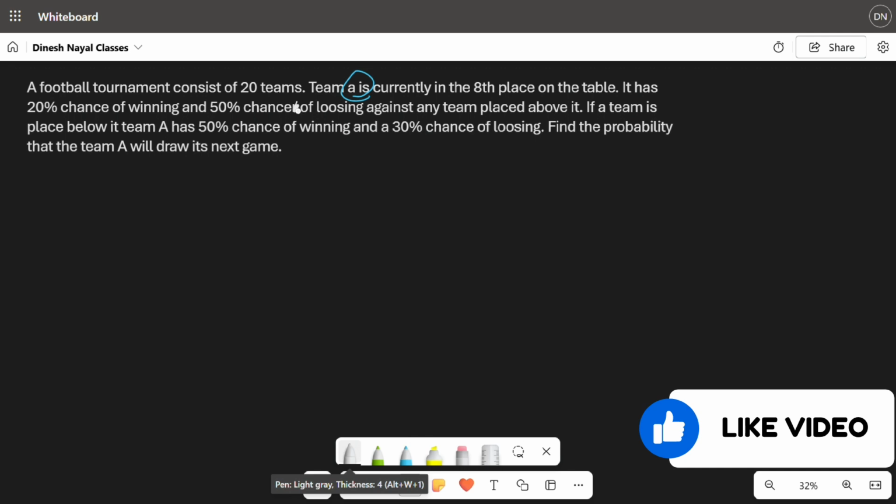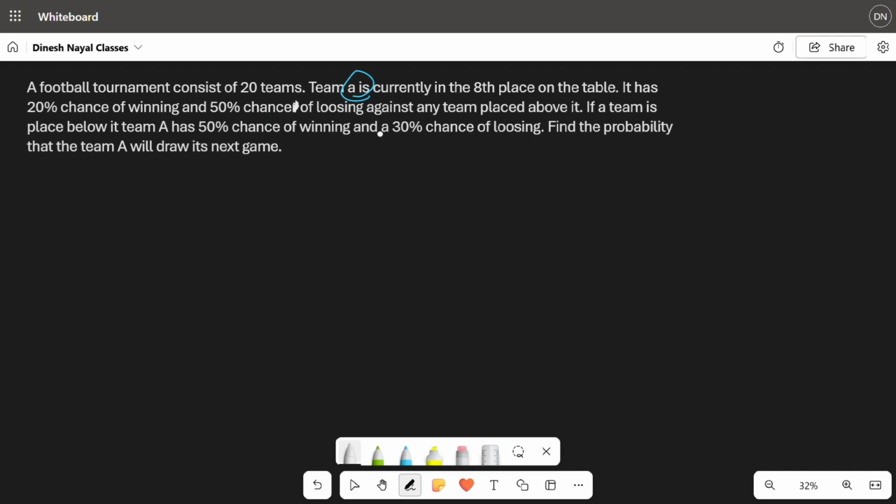If a team is placed below it, team A has a 50% chance of winning and 30% chance of losing. Find the probability that the team A will draw its next game.